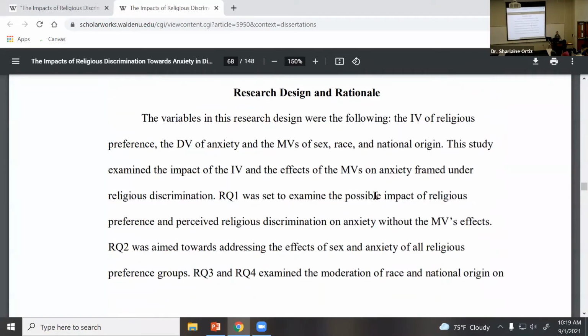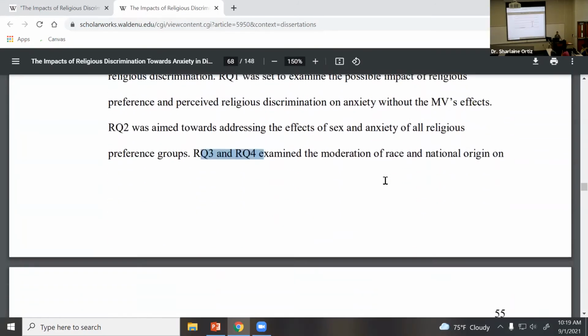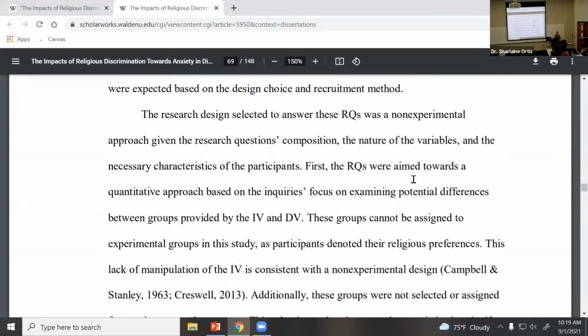In addition, it's going to tell you why exactly the person decided to have that research rationale. Why did we decide to go for a quasi-experimental approach in this case? Why do we have moderating or mediating variables? The research questions, which were they? Why do we have that rationale in order to determine those research questions?